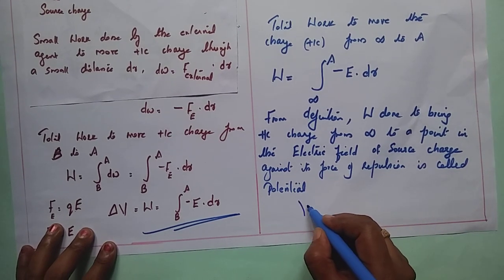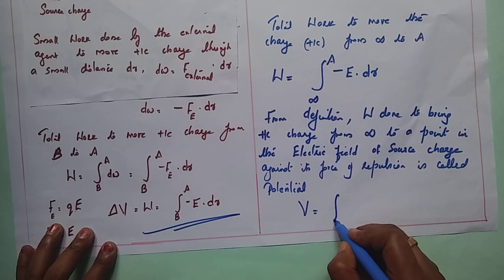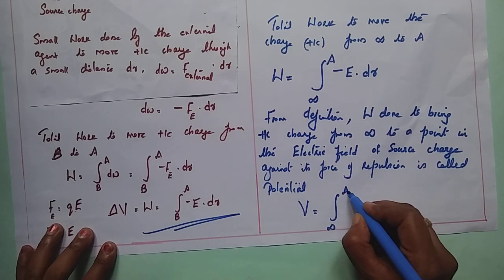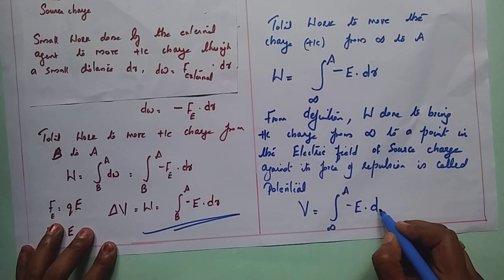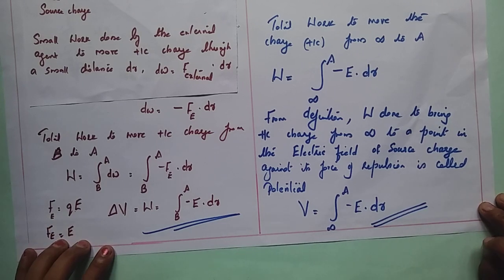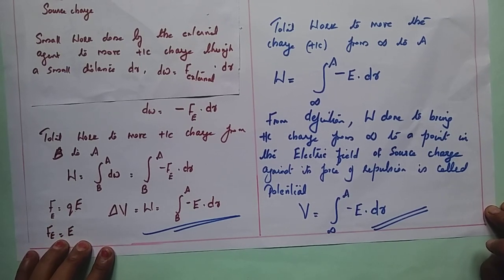And hence potential is given by the formula V equals integral infinity to the point A of minus E dot dr. So this is the definition of potential and this is the formula for potential.